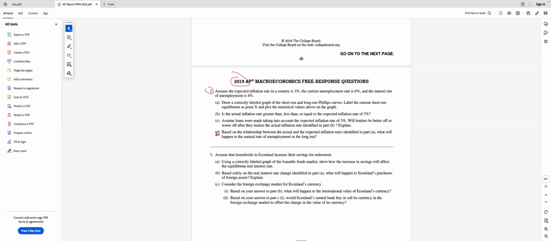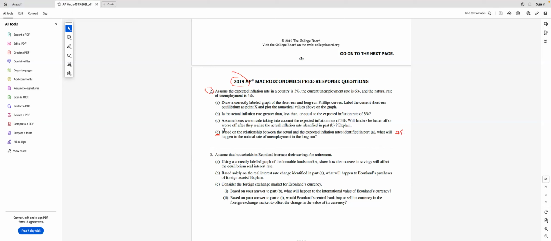Question D is relevant to notes number 5 we did today. Okay, maybe 10 more minutes. Let's try to finish question 2 here.